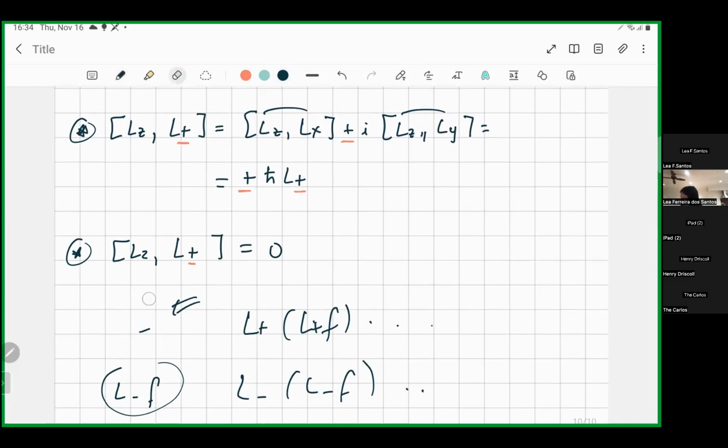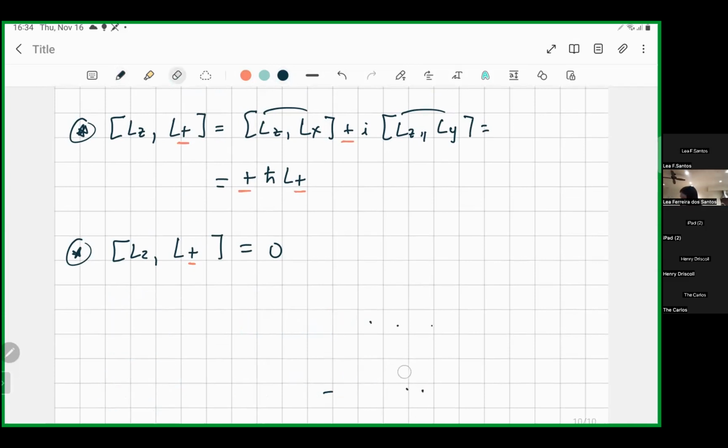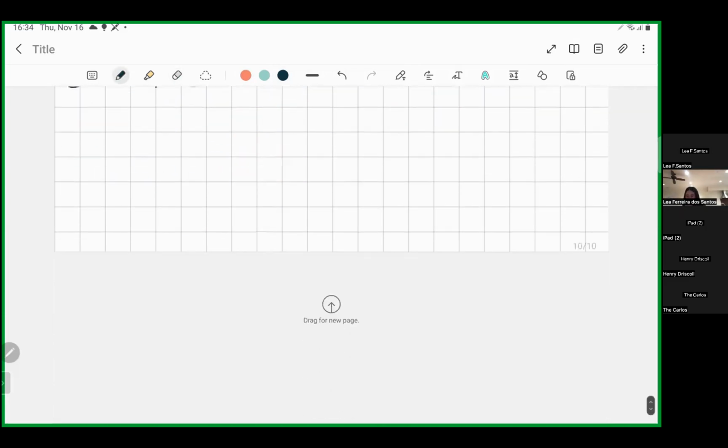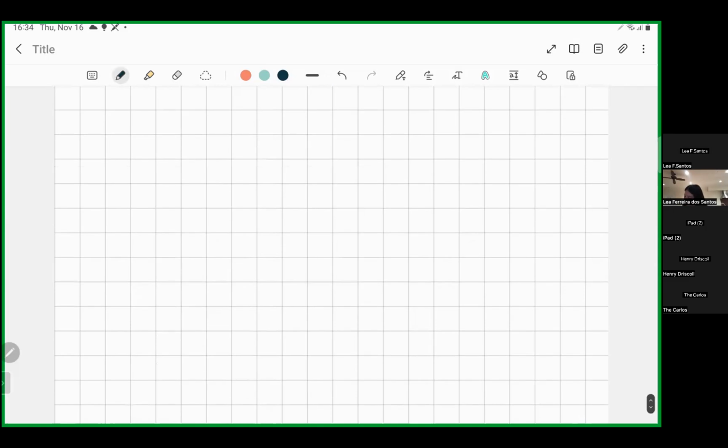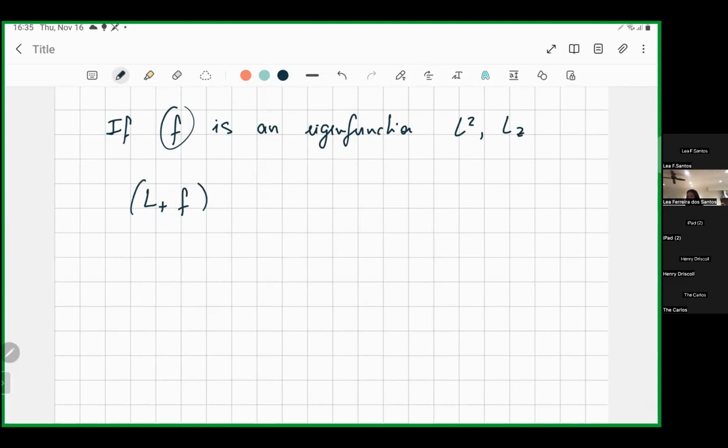Okay, so let me erase this. What we want to show now is that if F is an eigenfunction of both, if it's an eigenfunction of L squared, it's also an eigenfunction of Lz. So if F is an eigenfunction, then L plus F will also be an eigenfunction. Let me check.